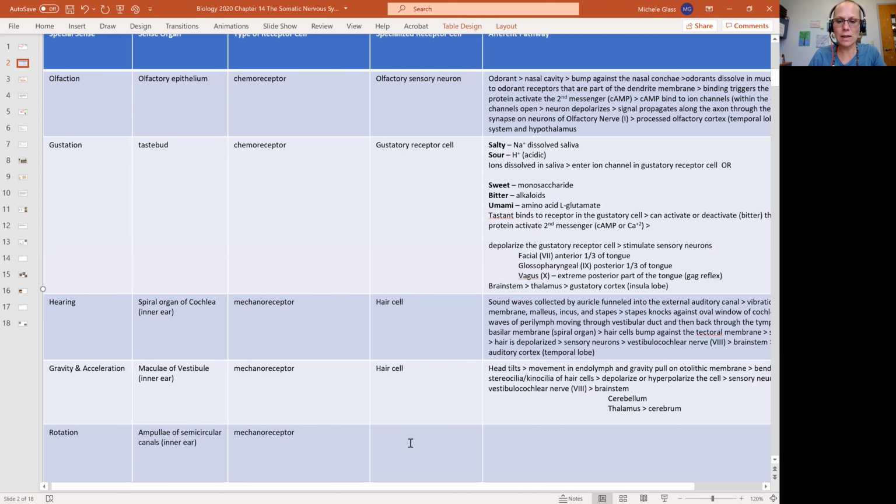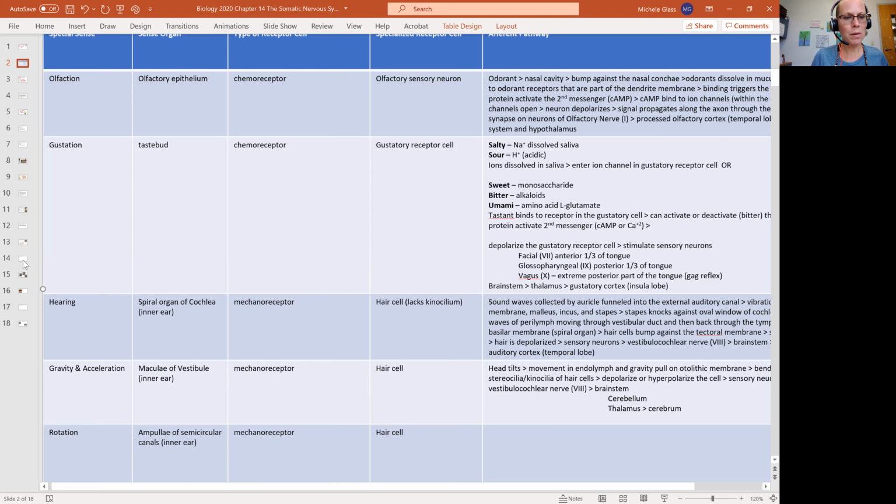And then we have that same hair cell that we had in hearing and gravity and acceleration. Let's make one more notation up here for hearing. That hair cell lacks the kinocilia. And each cell only has one kinocilium, and so we would call that a kinocilium as the singular version.